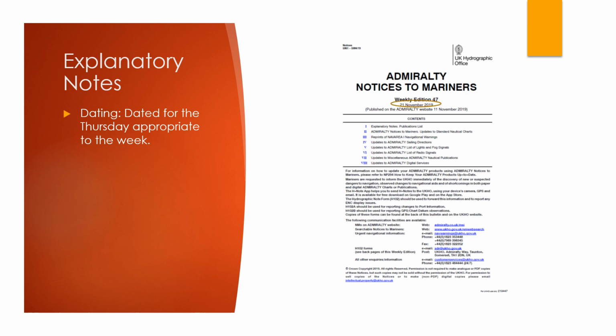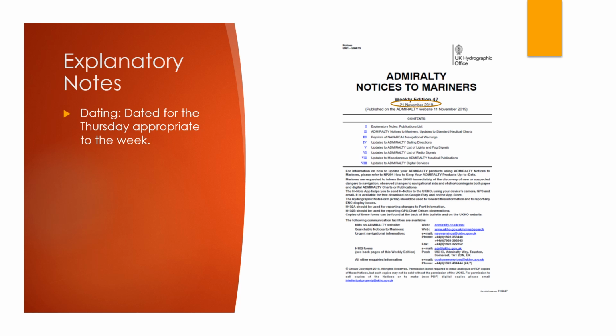If you don't know what that means, the paper version of the notices to mariners is issued every Thursday of the week. So you can see here 21st of November 2019 was when this weekly edition was issued, and that is a Thursday if you see the calendar.